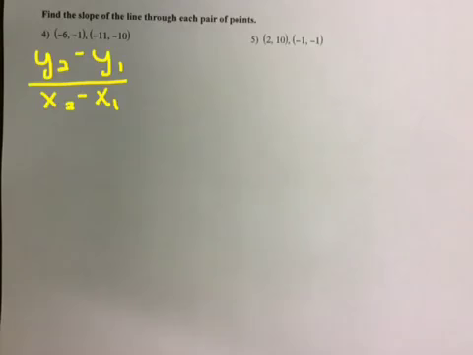we have 2 points. The first one is going to be my x1, y1. Let me just erase that here. So I'm actually just going to erase this. My first point is going to be my x1, y1.